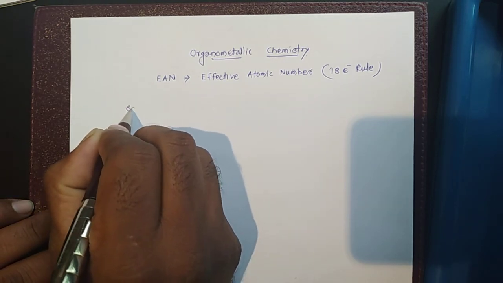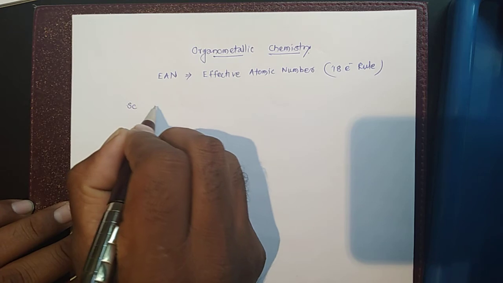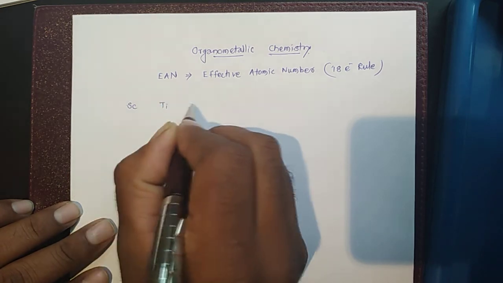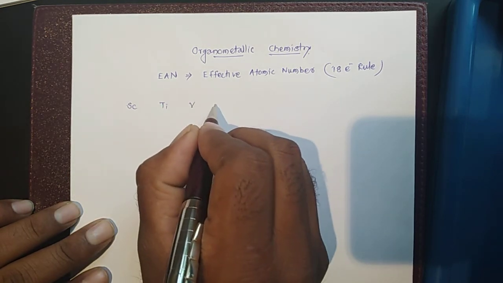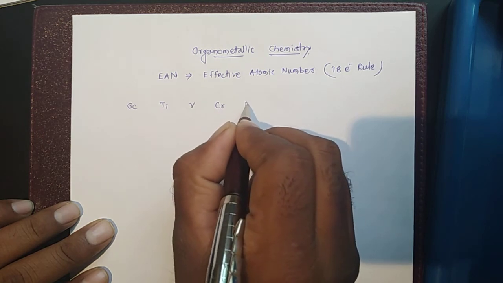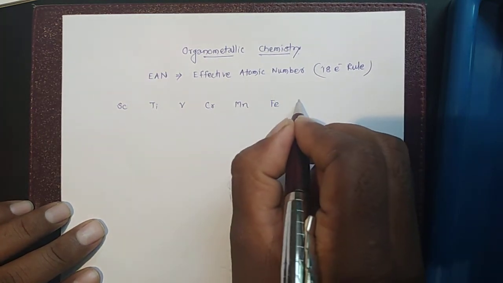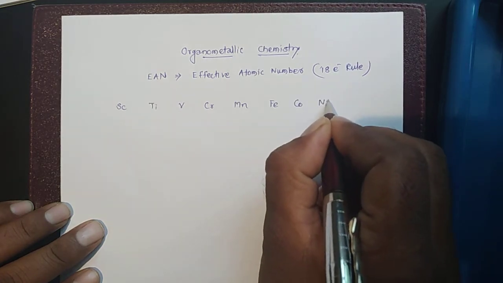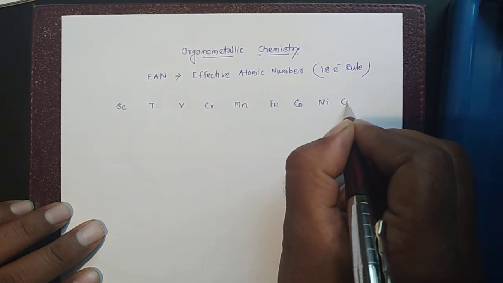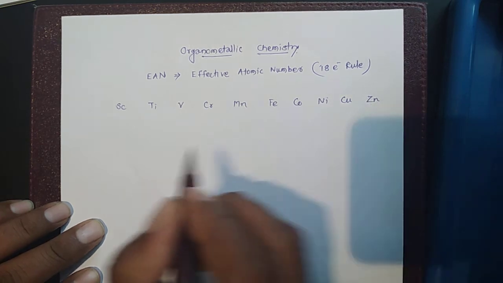I will write down some transition metals: scandium, titanium, vanadium, chromium, manganese, then iron, cobalt, nickel, copper and zinc.